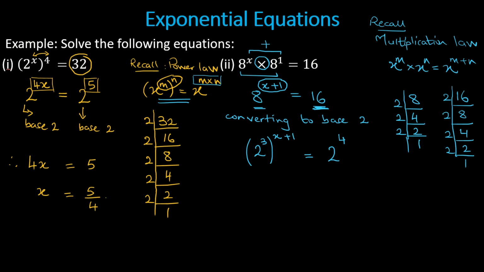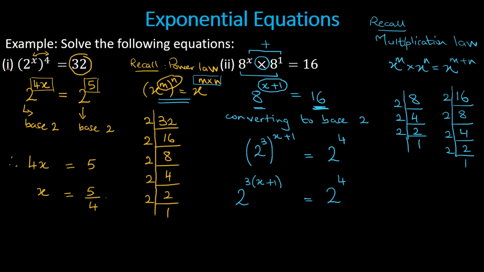We have to multiply. So 2 to the power of 3 to the power of x plus 1 becomes 2 to the power of 3 times x plus 1. We use a bracket, of course, because we are going to multiply the two powers, and this is equal to 2 to the power of 4.